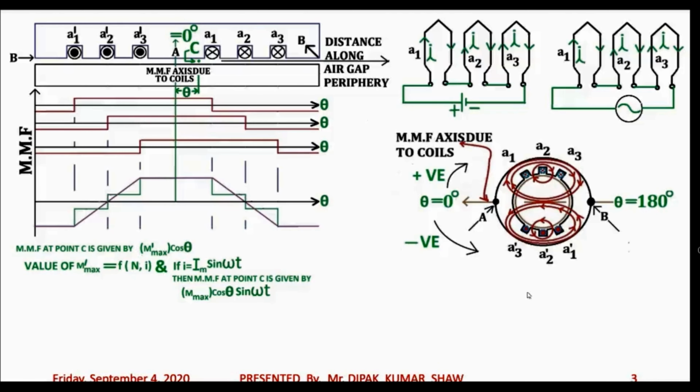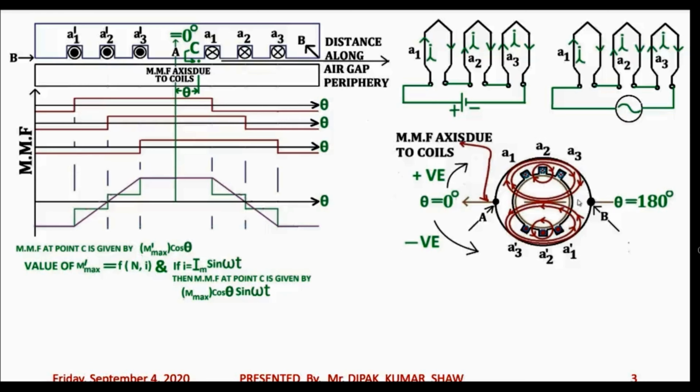Now what do you find here is that the magnetic axis of these three coils is directed from point B to point A. So now what we have done, we have made a cut on the stator core at point B. This is the line.